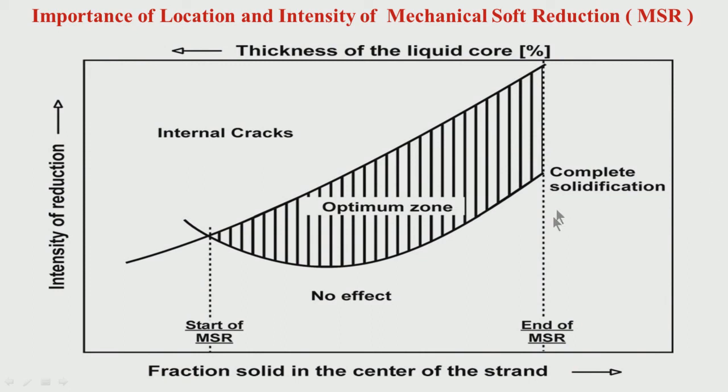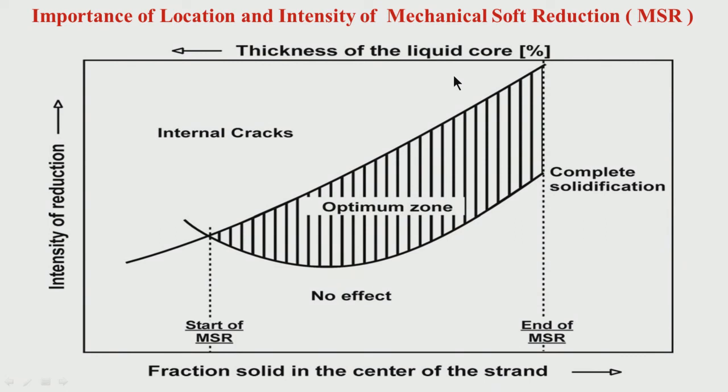So what is important is using the optimum zone. Optimum zone means first the location of the mechanical soft reduction area, where you put it, and how much pressure you put. Both are important: the location and the intensity of soft reduction. It has to be adequate. If it is less, it will not have any effect. If it is more than the required amount, you may have internal cracks, which is again not desirable.